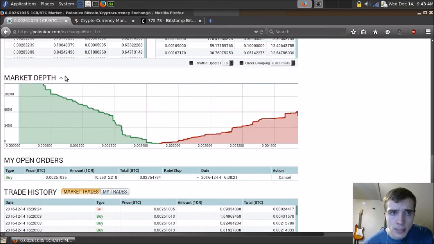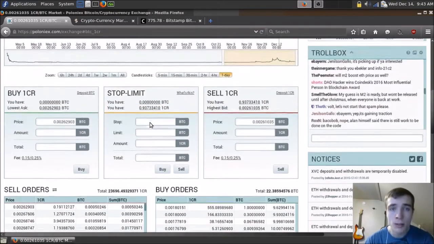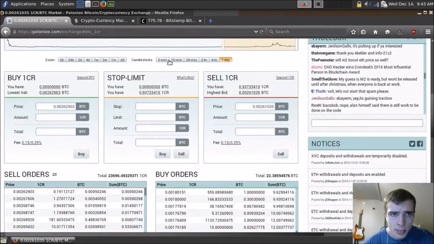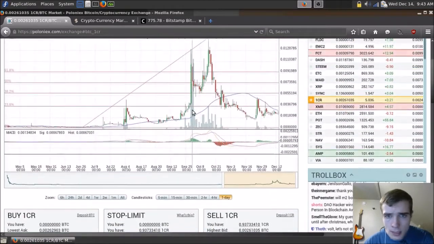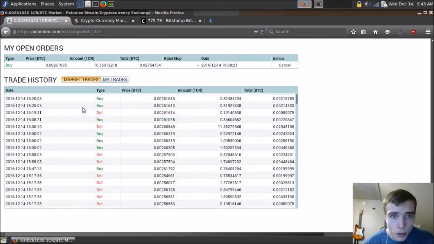So that's basically how market depth works, and these are all the buy and sell orders from all the different people using Poloniex. Here's your place that you can actually buy and sell your coins. And here is trade history.